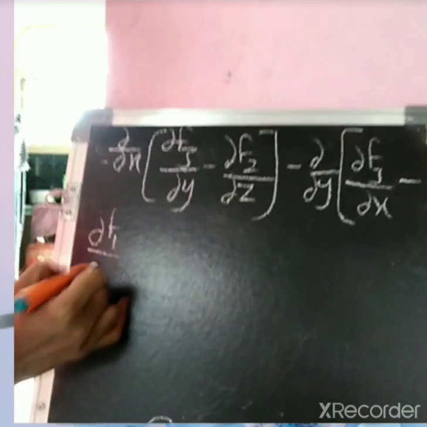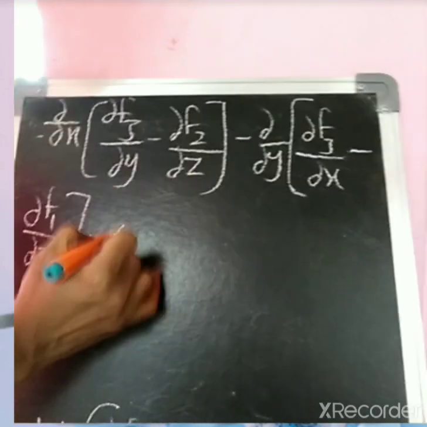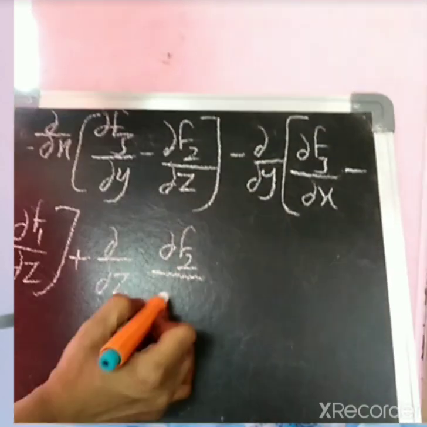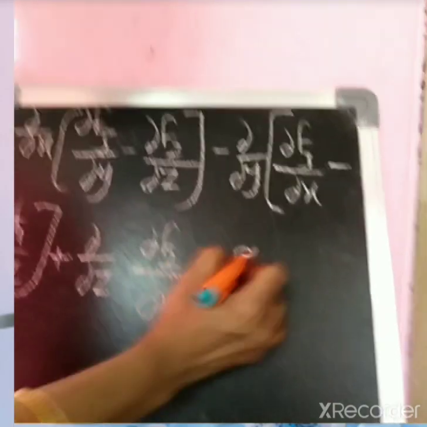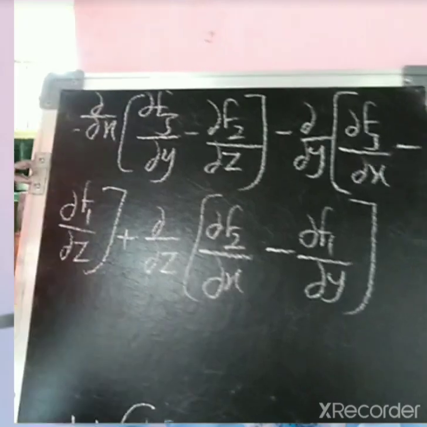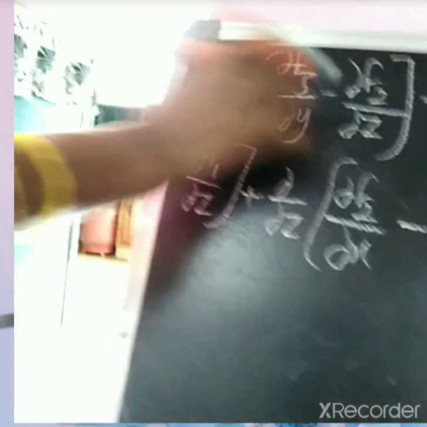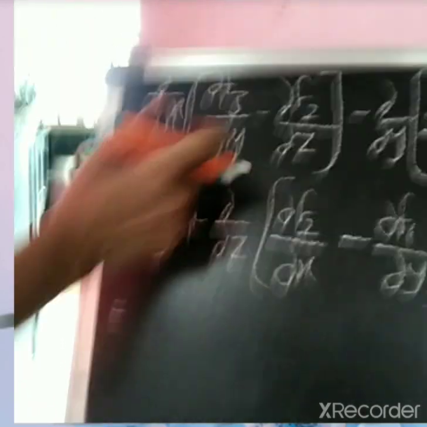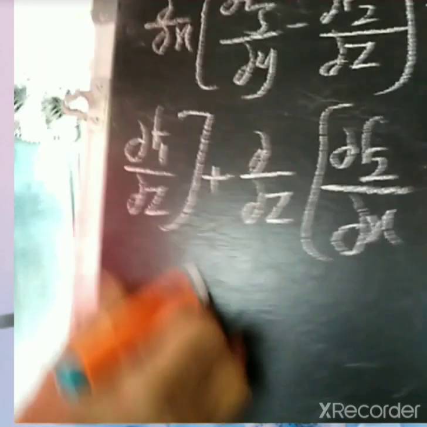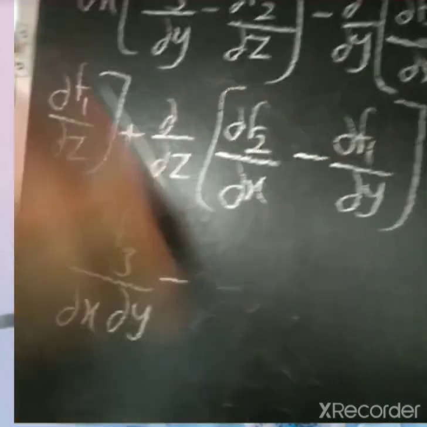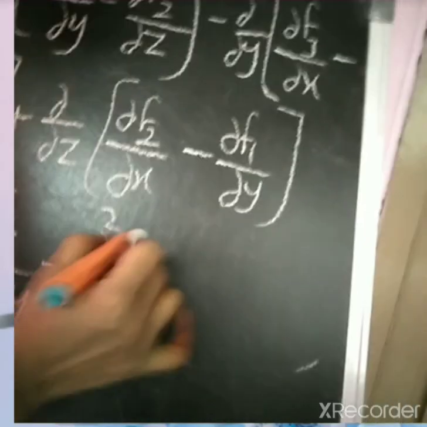Plus dou by dou z of dou f2 by dou x minus dou f1 by dou y. So this is the div curl f. Then we multiply this out. So dou square f3 by dou x dou y minus dou square f2 by dou x dou z.